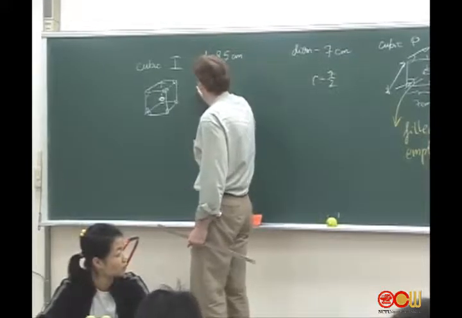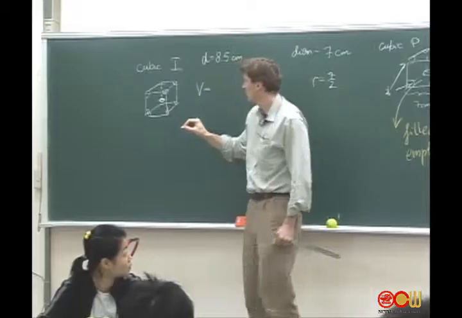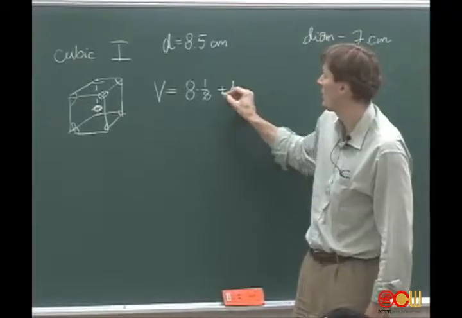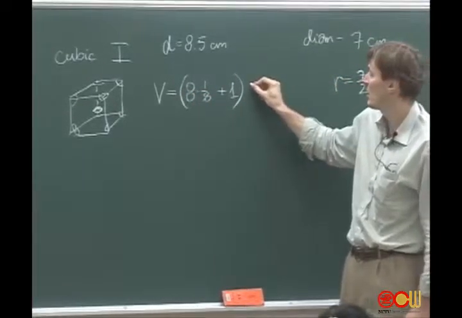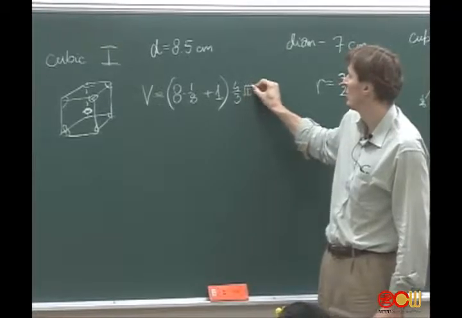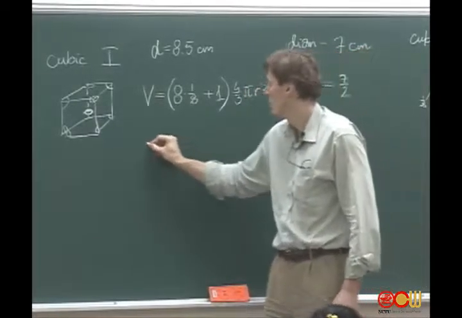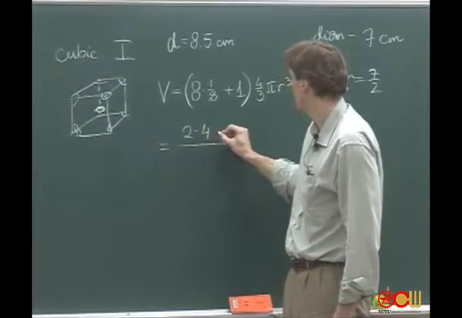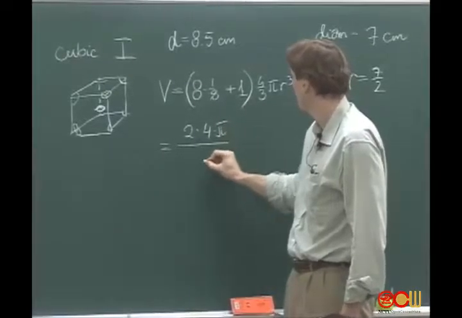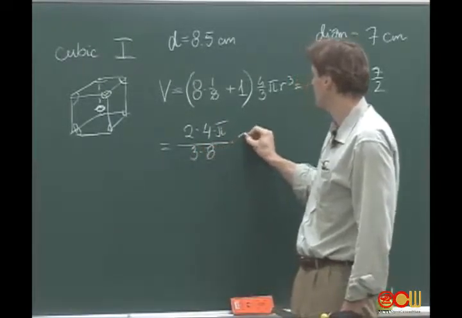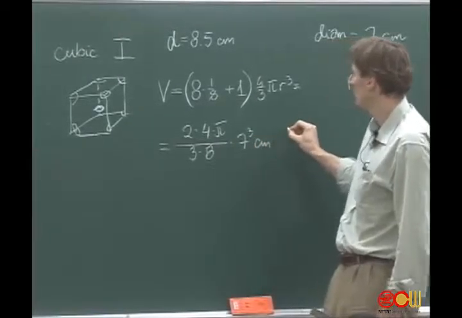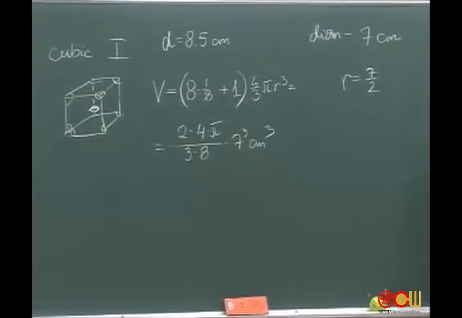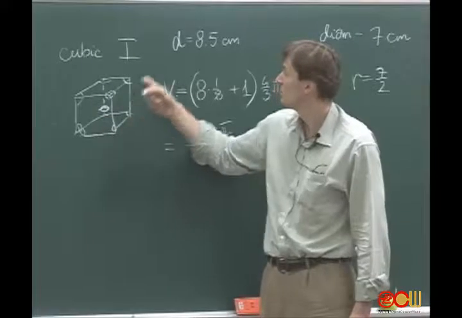We know that the volume occupied by balls is again 8 times 1/8 plus 1, times the 4/3 pi r cubed, which is equal to 2 times 4 times pi over 3 times 8 times 7 cubed centimeters. Okay. So now, what I'm asking is to calculate the volume of this one.